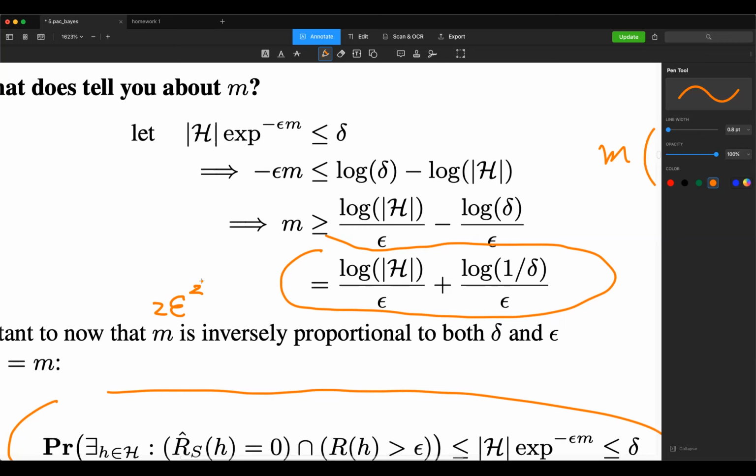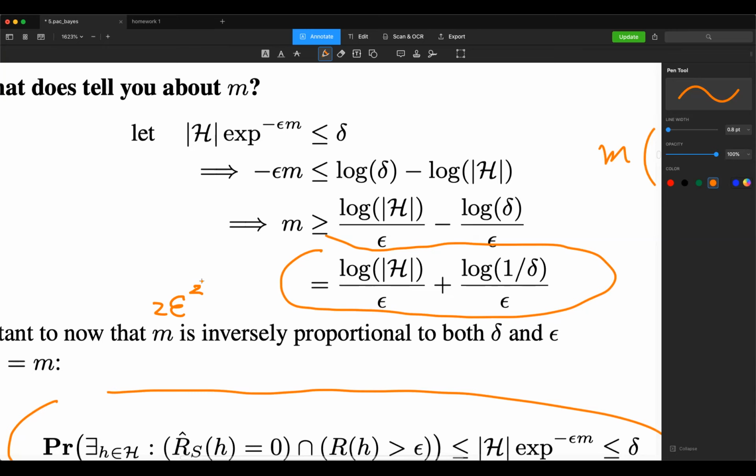Remember, this quantity is your lower bound for the number of samples you should have, right? So should you have epsilon, or should you have 2 times epsilon squared? Which one do you prefer? Just epsilon, of course.